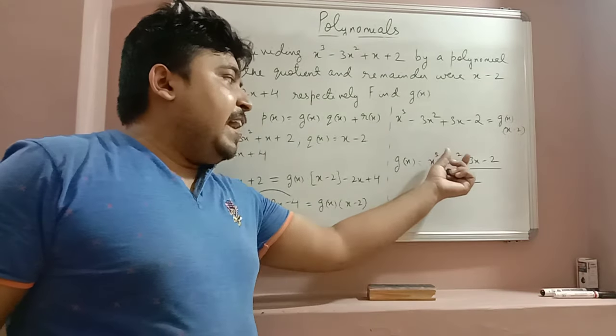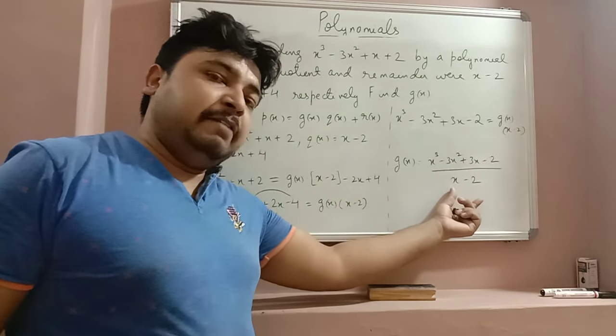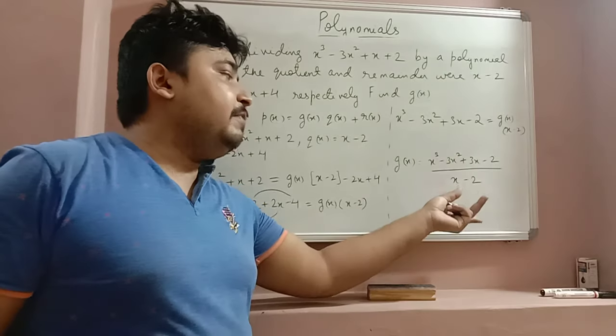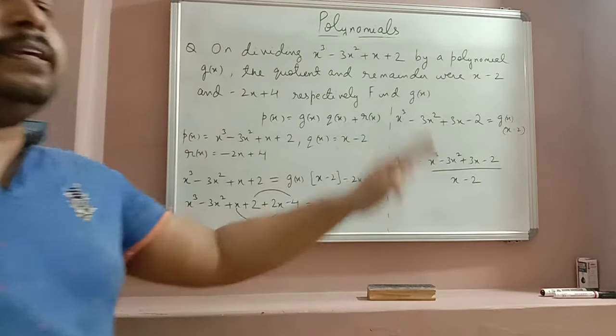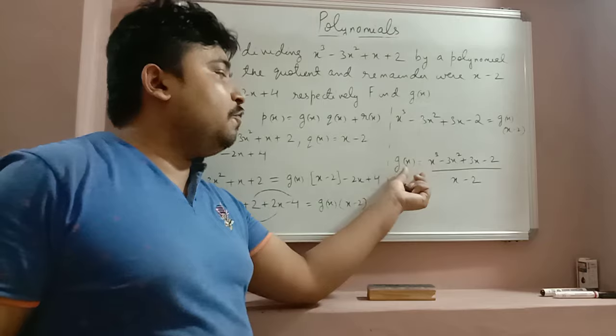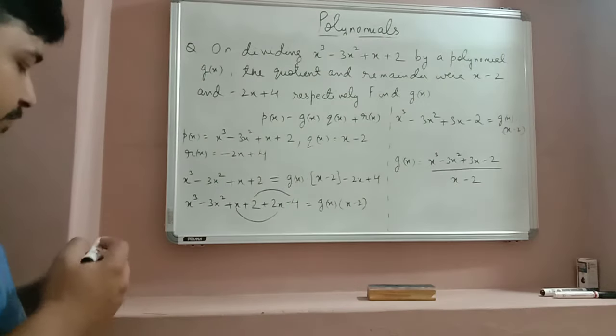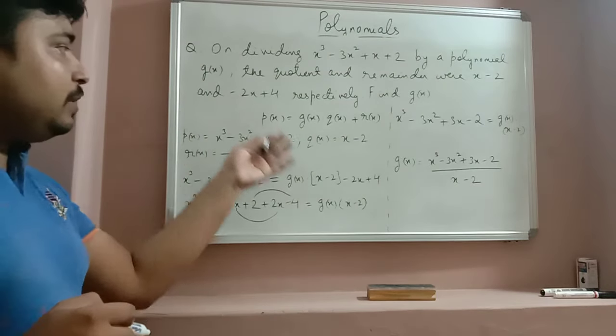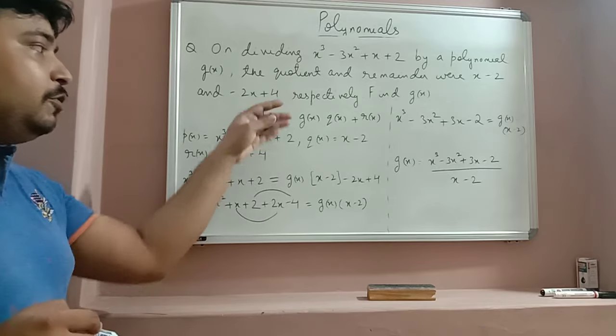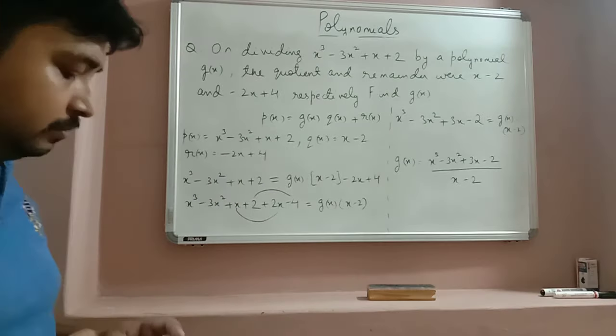Now we can either factorize this expression and then simplify it, or we can just long divide it. I'll just long divide it and try to find the value of g of x. Let's do that. I need to rub the left hand side. You may pause the video for noting down the contents.